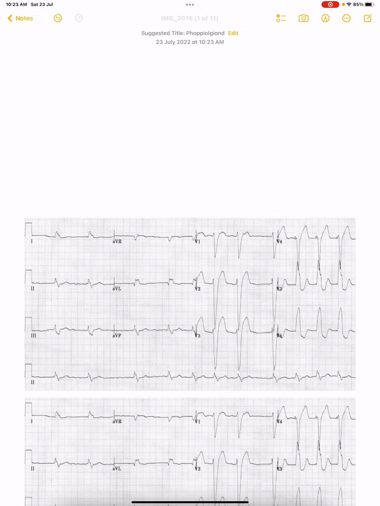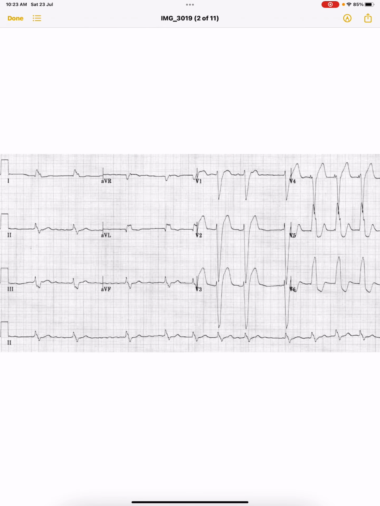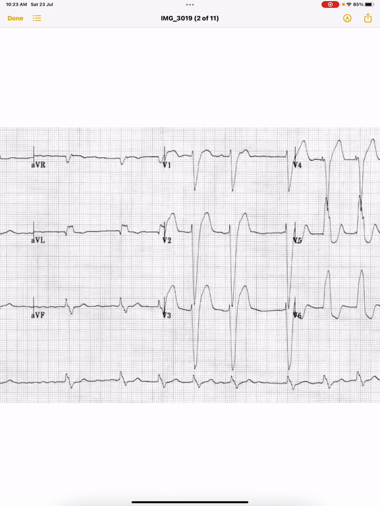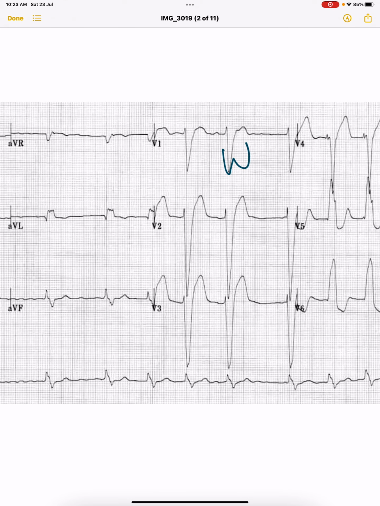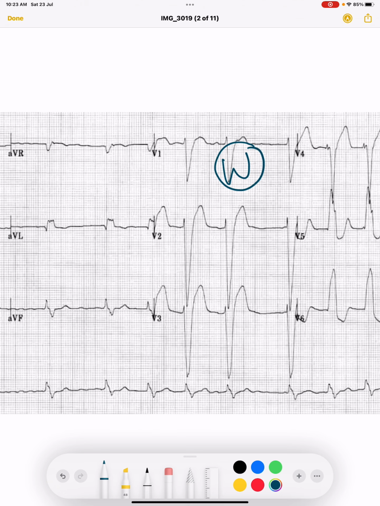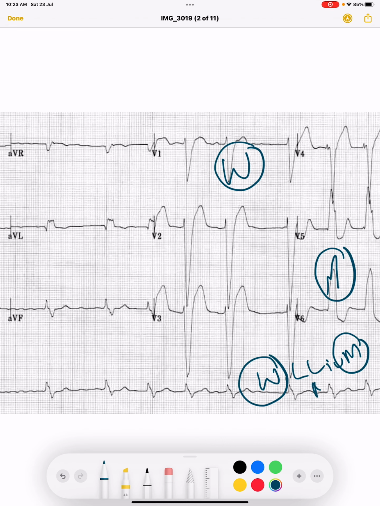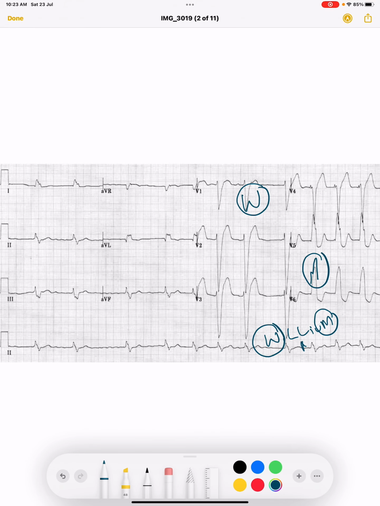Okay, so let's see this one. In this ECG we can see there is clearly a left bundle branch block. Why is that? Because there is a W pattern in V1 and an M pattern in V6. We have a formula, maybe we will discuss later on, called William. If a W pattern is present in V1 and an M pattern in V6, it will be left bundle branch block.